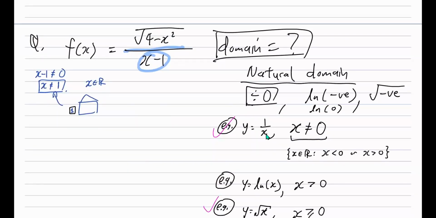So the numerator, what do you see? Square root of 4 minus x squared. The inside cannot be a negative number, so 4 minus x squared must be more than or equal to 0.